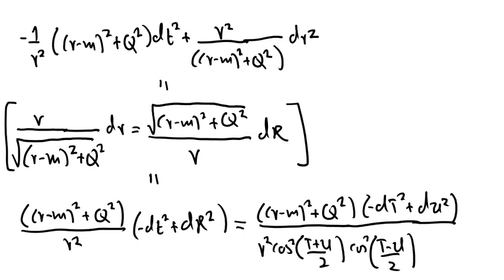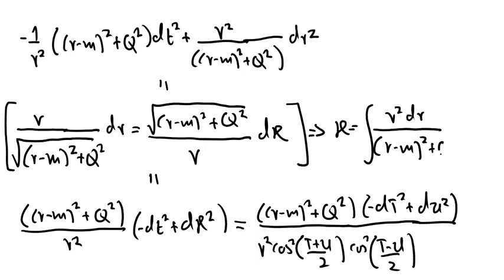So now the thing reduces to integrating this relation. You need to just do this integral, and then this gives you the relation between big R and small r.